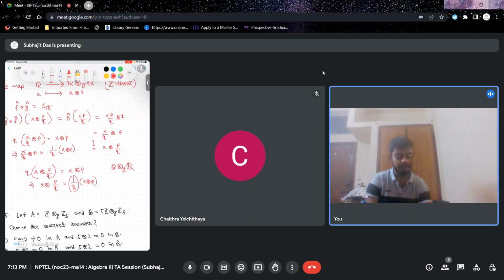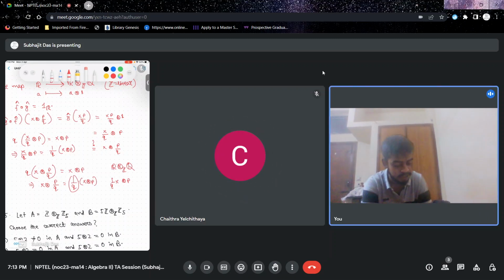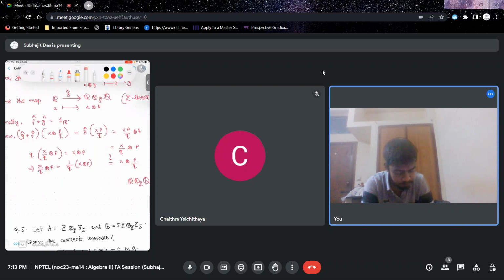We define it to be 1 over Q x tensored with P, isn't it? That is why we can take the Q on the other side. Anyways, this shows the equality of the two.